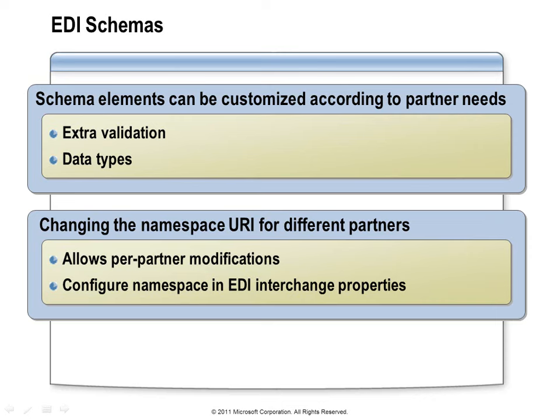So two pieces of that. You create the schema, you're going to change the namespace URI for the partner in the schema, and then when you configure the partner and their profile, you're going to identify the schema namespace there in the party information. That way when BizTalk resolves who the sender is, it can look up the appropriate schema and then apply any extra validation or use the appropriate schema elements that you've modified for that partner.